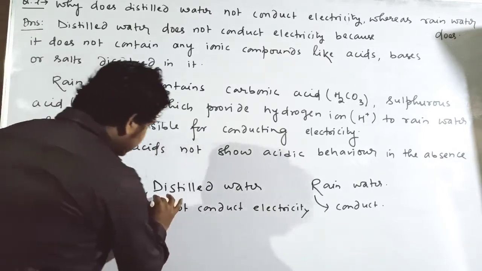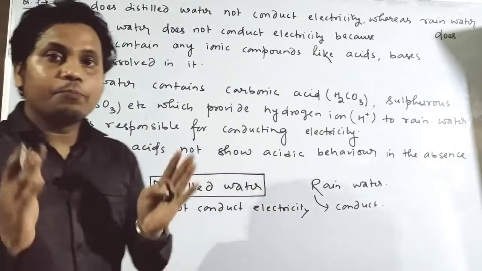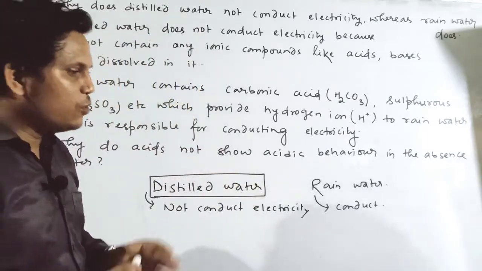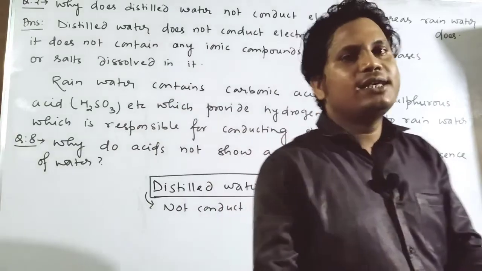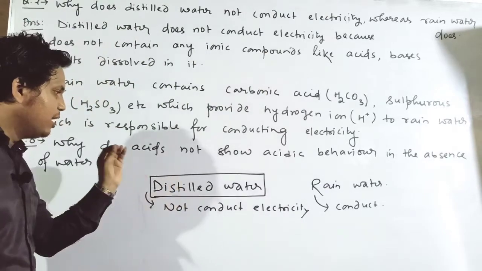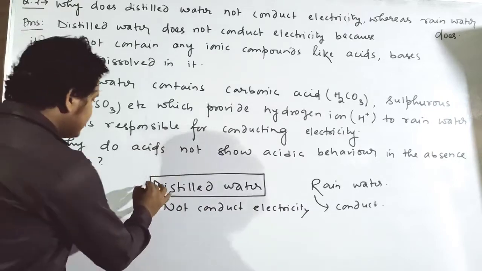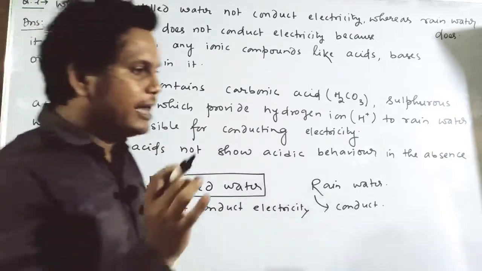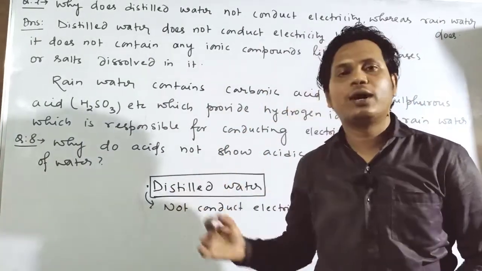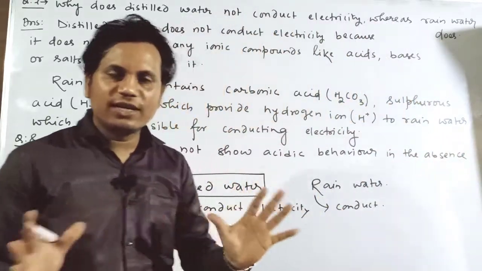In the same way, distilled water is pure water. Pure water does not ionize or give H plus, because in pure water no acid, base or salt is present which would provide H positive ions. So the answer is distilled water does not conduct electricity.